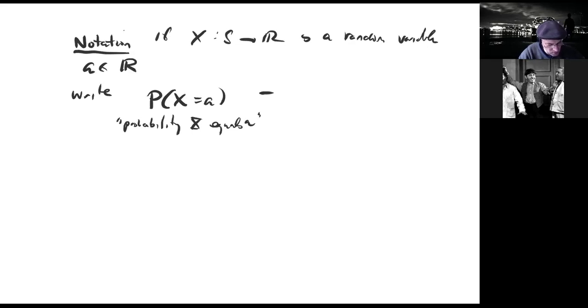This is nothing more than the following. We take the inverse image, the pre-image of A. These are the set of all elements that map to A under the function.